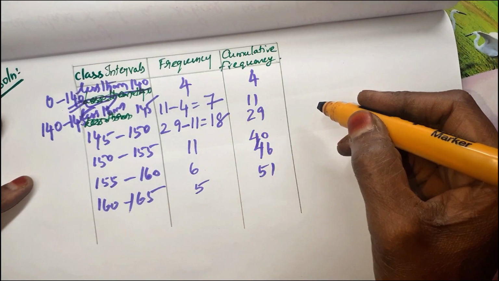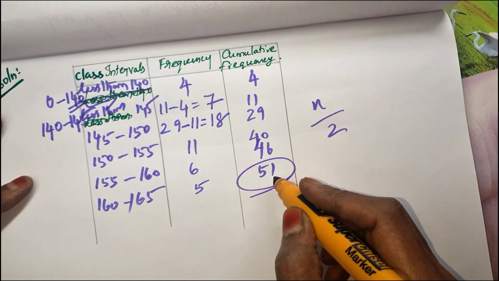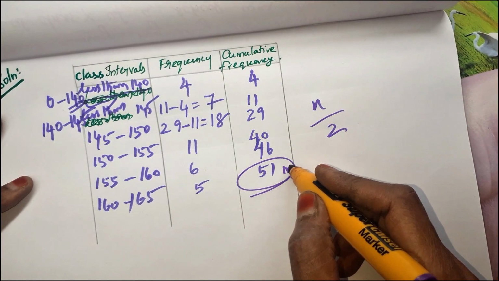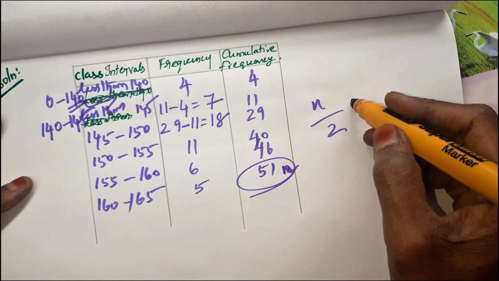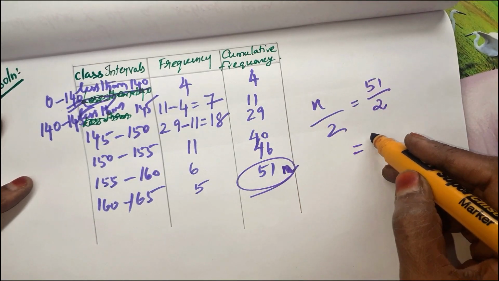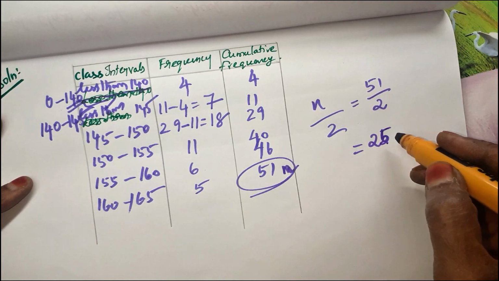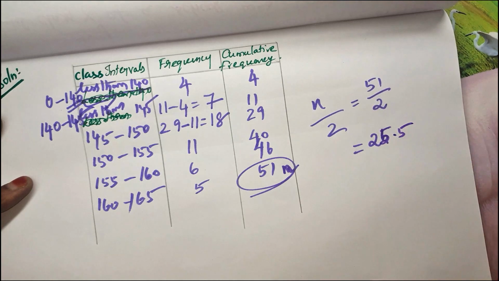For finding the median class, we have to find n by 2. This is our n. The last cumulative frequency is n, right? N is equal to 51. 51 by 2 is 25.5.